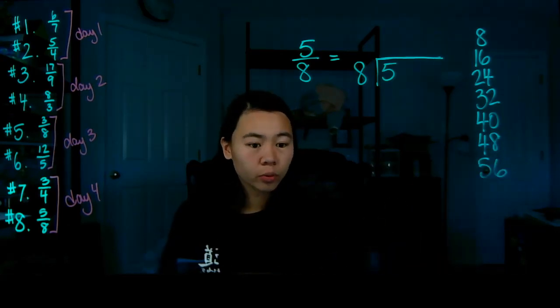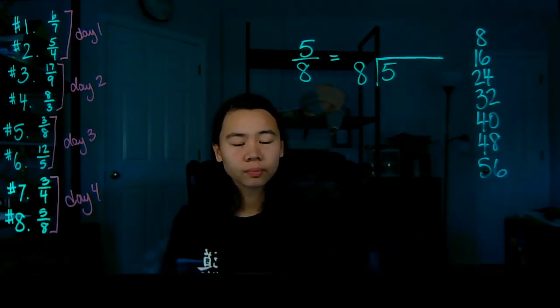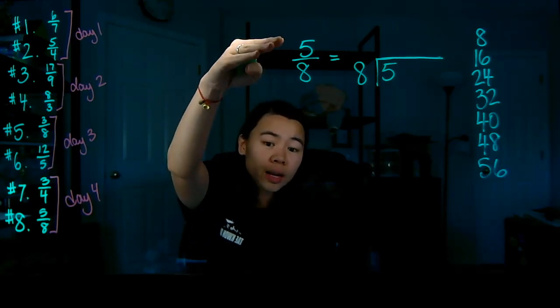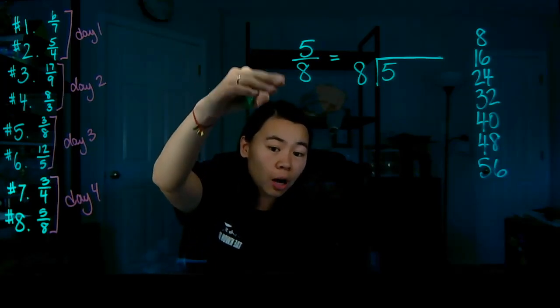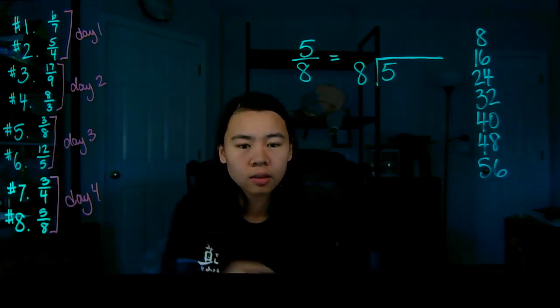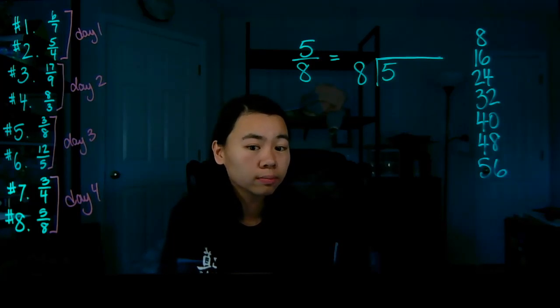We can stop there, and if we need some more, we can always add some more. Remember, this is a proper fraction anytime the numerator is smaller than your denominator, which means it is a true fraction. It's a piece, so it's going to be less than 1 whole.